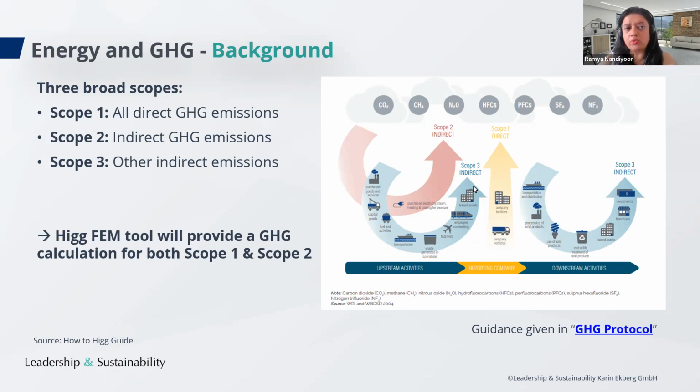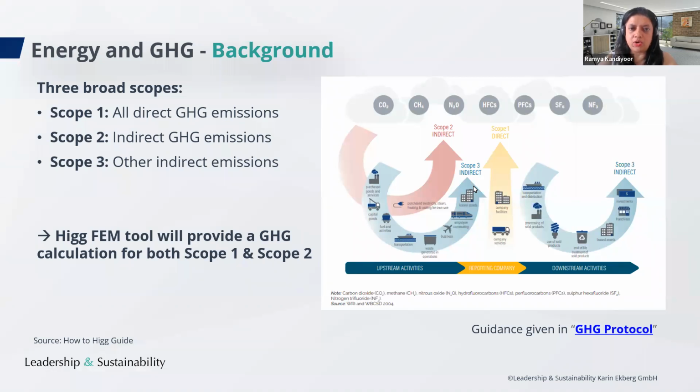Once you report the electricity that has been used by the facility, you will be able to see on the platform what your GHG emissions are under scope 1 and 2.